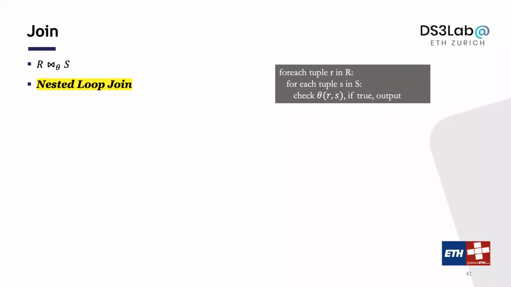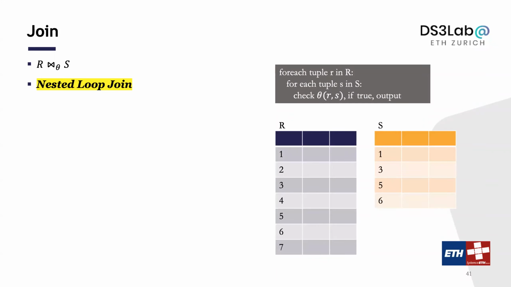Otherwise, you continue the for loop. This is almost a definition of the join operator. Specifically, you take the first tuple of R, and then you scan S. You take the second tuple of R, you scan S. The third tuple, you scan S. This is a very simple algorithm.